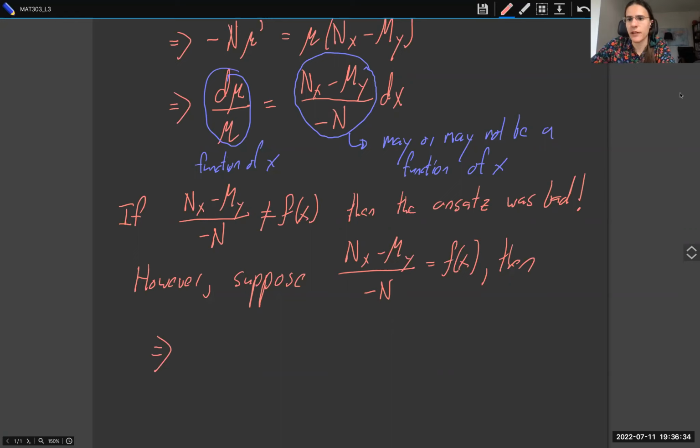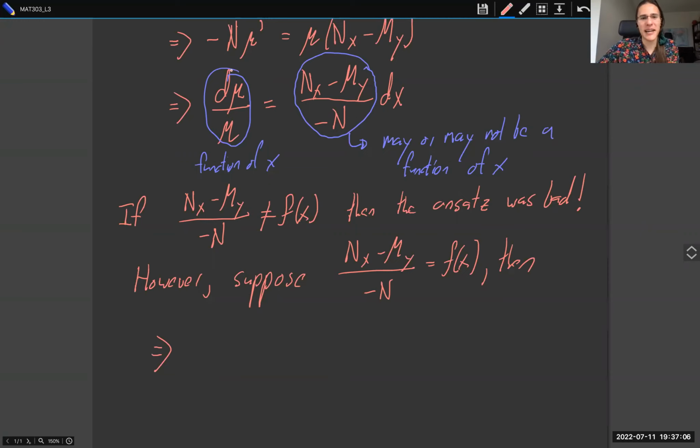You're muted. I think you're trying to speak, but you're muted. Oh, I can hear you now. So this is just mu, and then this is a function of x. So there's d mu here and there's dx here. So it's separable. Yes. And not only is it separable, but it's already separated, right?